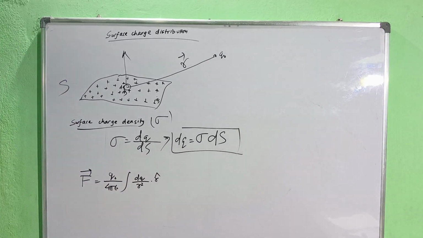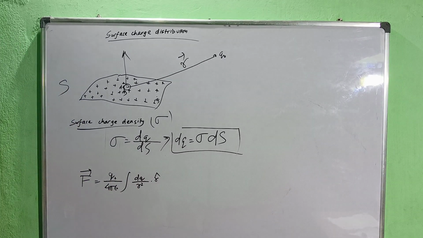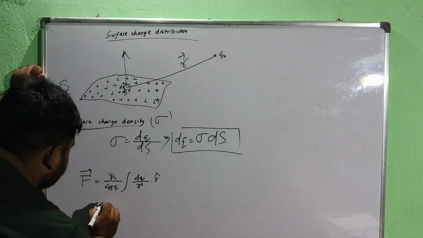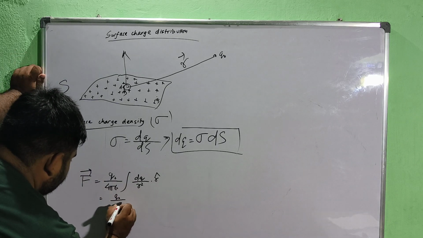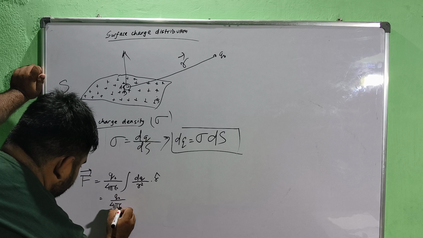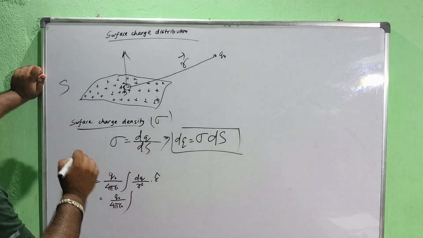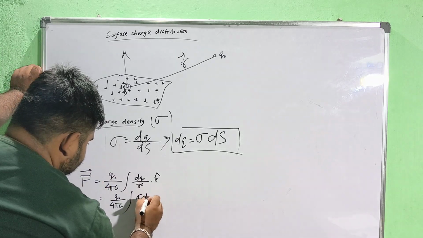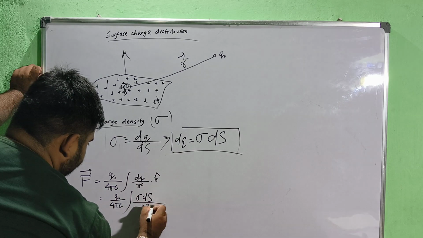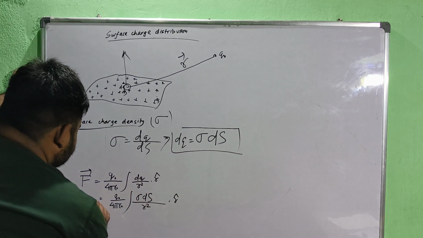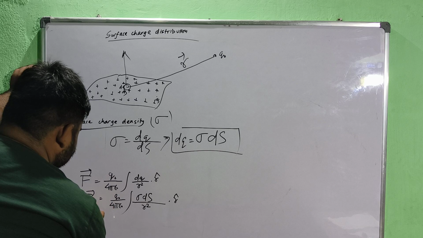You can take it out of the integral. So, placing the value of dq, it is Q naught by 4 pi epsilon naught integration of sigma ds upon r squared. This is the value of force.